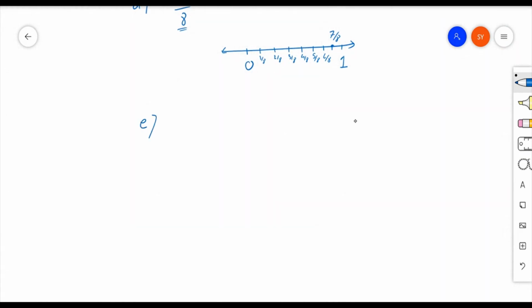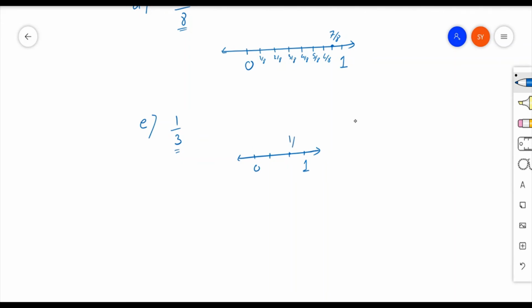Now the next one. E is 1 by 3. Again the same thing, it will lie between 0 and 1. As you see, the numerator is smaller than the denominator, and we have to divide into 3 parts: 1, 2, and 3. This is 1 part, 2 part, this is the third part. Sorry, we just have to take the first part.